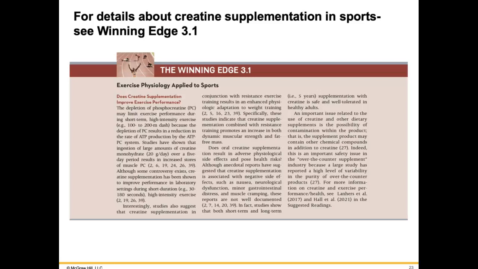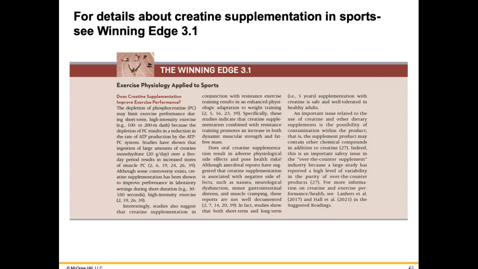There was also improved performance in lab settings for short duration, meaning about 30 to 180 seconds, and high intensity exercise. When the subjects performed resistance exercise, they also saw that it resulted in enhanced physiological adaptation to weight training, and it promoted increase in dynamic muscular strength as well as fat-free mass.